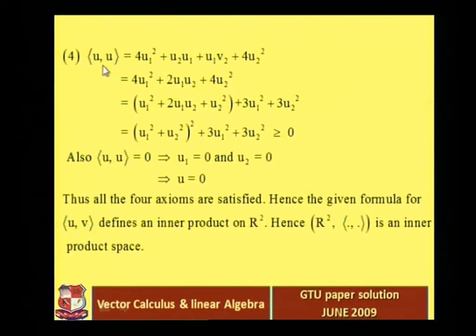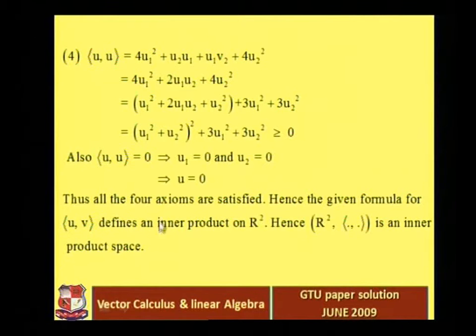The next is ⟨u, u⟩, which equals 4u1² + u2u1 + u1u2 + 4u2², that is 4u1² + 2u1u2 + 4u2². That can be expressed as u1² + 2u1u2 + u2² + 3u1² + 3u2², so (u1 + u2)² + 3u1² + 3u2², which is always greater than or equal to 0 clearly.